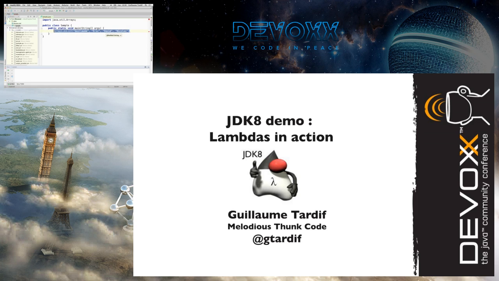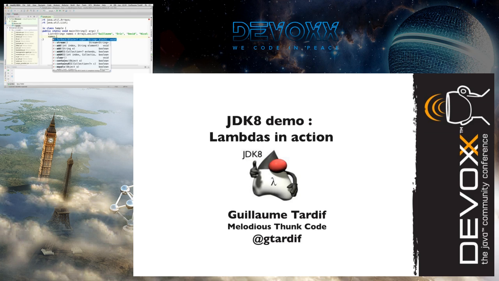I will call this names. So we've got our list of names, and on this list of names, we can call a forEach method, which takes a block as a parameter.